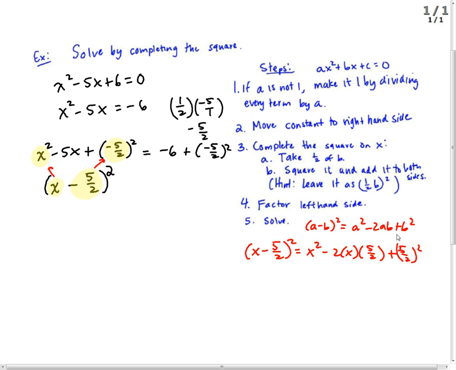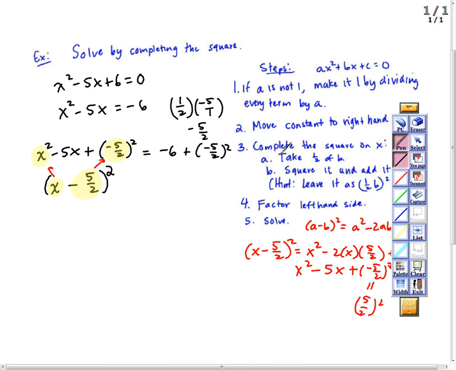Actually, it's negative 5 halves squared because this negative sign comes from the b. So this is like negative b all squared, which is positive b squared. Okay, so this is x squared. Notice this 2 on top and this 2 on bottom cancel, so minus 5x plus negative 5 halves squared. And negative 5 halves squared is the same as positive 5 halves squared, so that part doesn't really matter. So we see that they're the same thing.